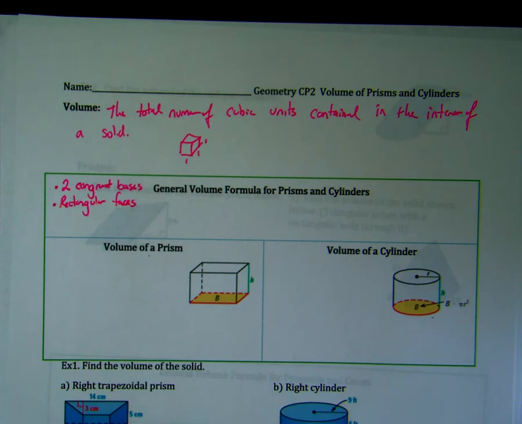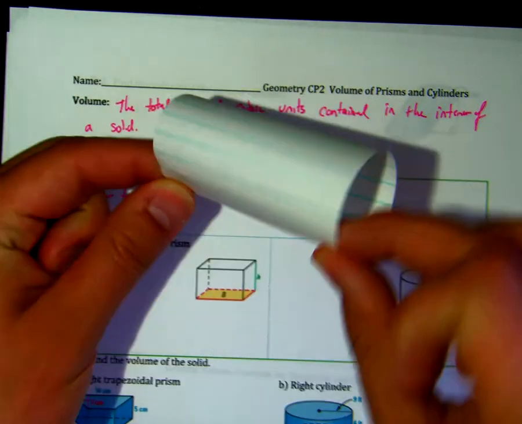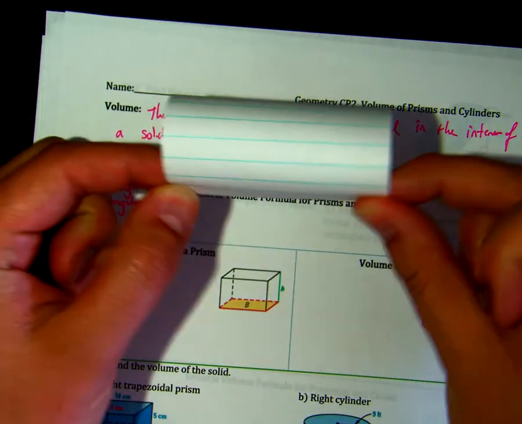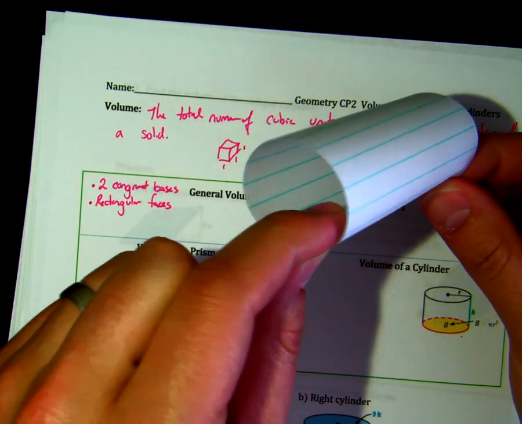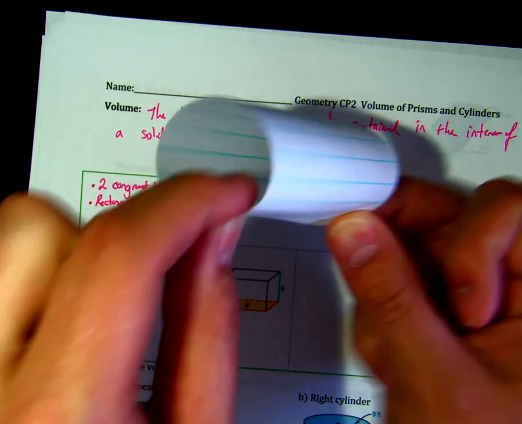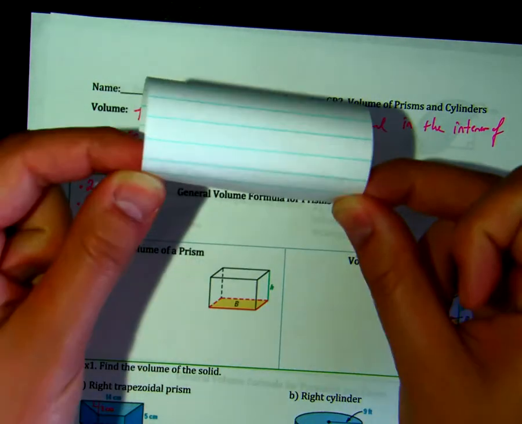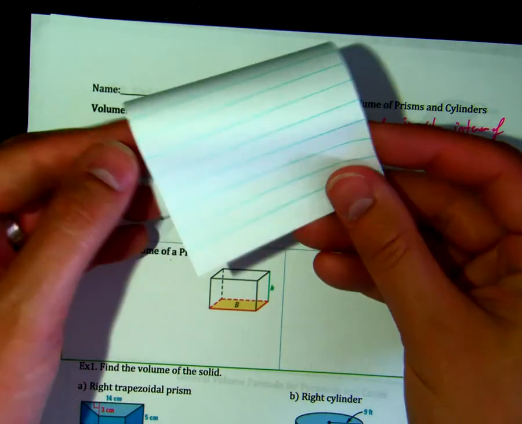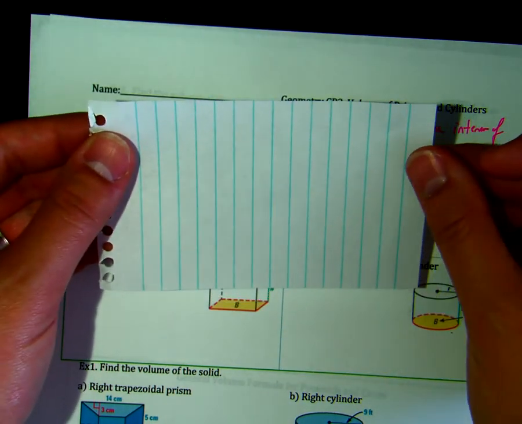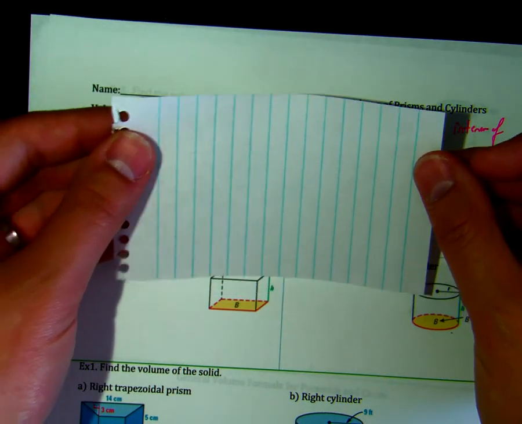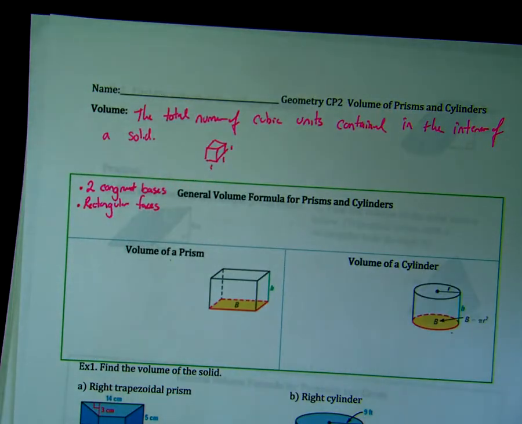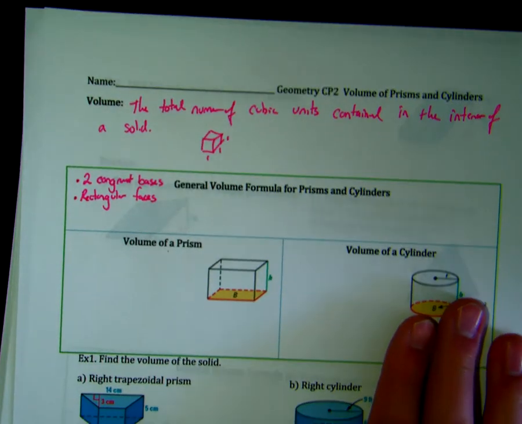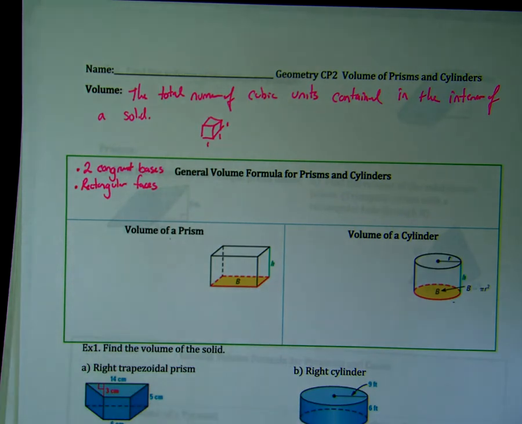So even if you just took a piece of paper like this, and imagine the ends of this were filled up with a flat side, this would be a cylinder, sitting like this. So if you slice through an edge of a cylinder and you unrolled it, guess what? That is still a rectangle. Okay, so it's less obviously a rectangle, but it is. So these have two congruent bases, and they have rectangular faces.